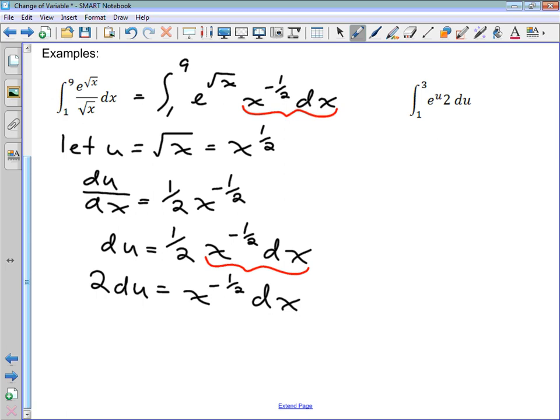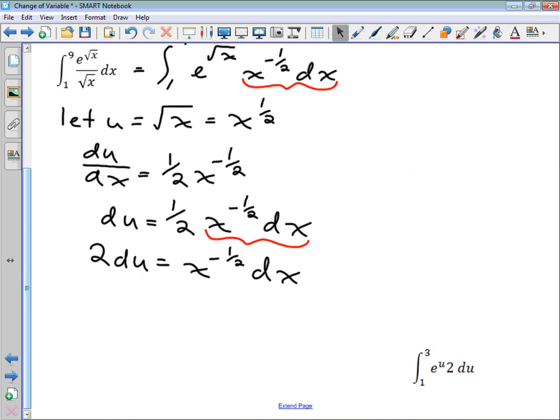Now, what about our limits of integration here? Our limits in our original integral are 1 and 9. So a is x equals 1, b is x equals 9. We want to turn these into values of u if we're going to integrate over u instead of x.